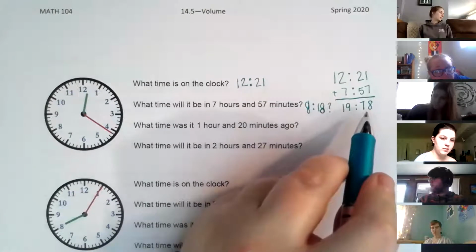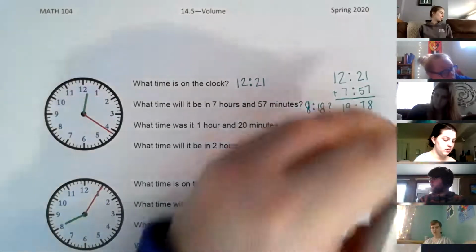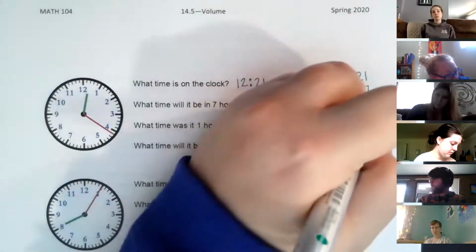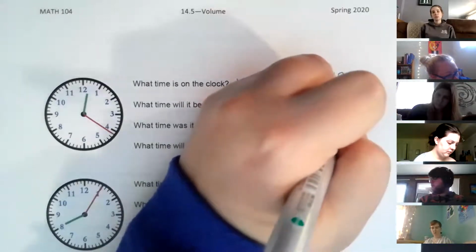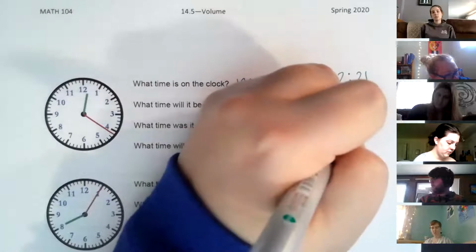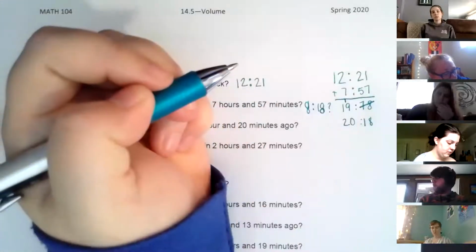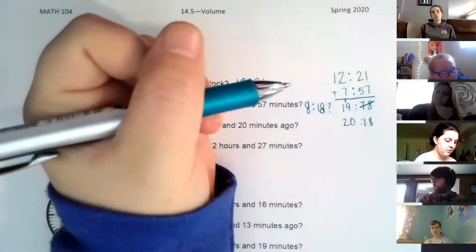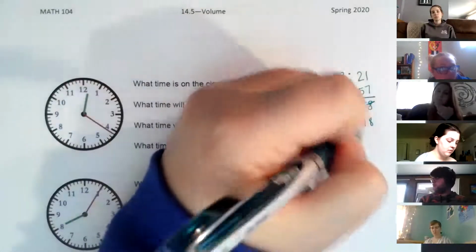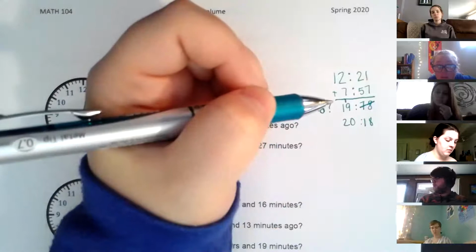But since that's base 60, like Lauren said, this would technically be an 18, and then I'm going to add 1, so that makes that 20. But I only use the numbers 1 through 12 because now the hours are base 12, right? Mm-hmm.